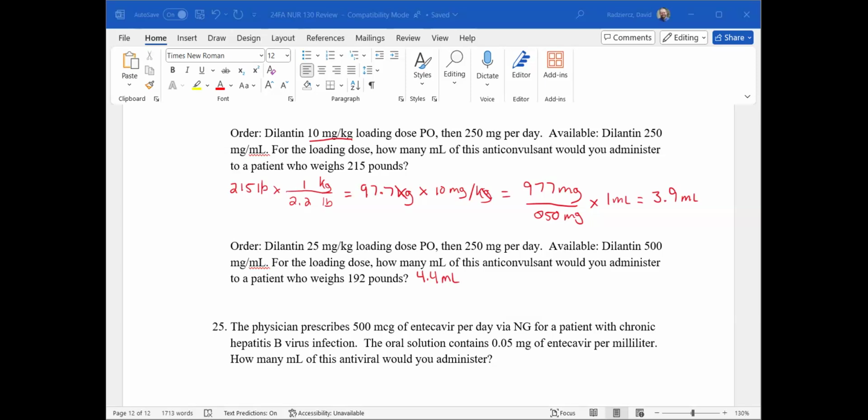But go ahead. Okay, so the 87.3 times 25. And where did I get this 25, by the way? 25 milligram per... Did I do it right? So far, so good. Yep.